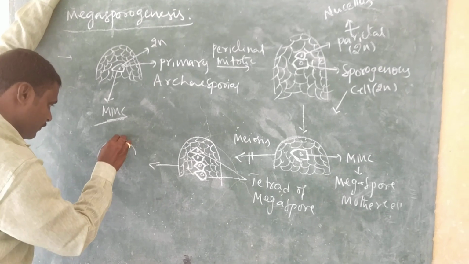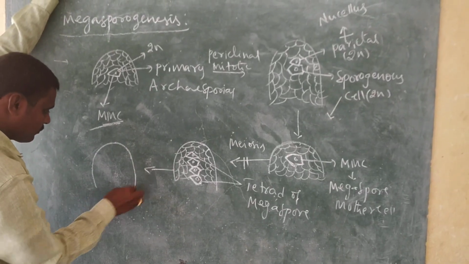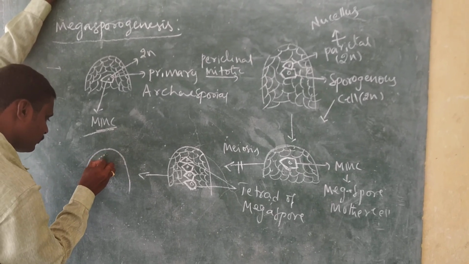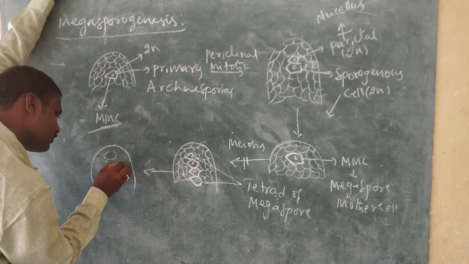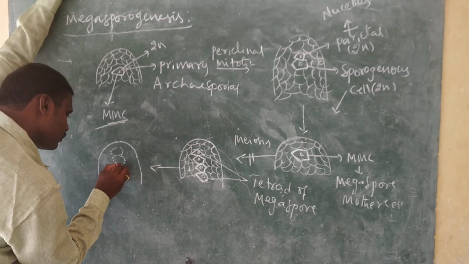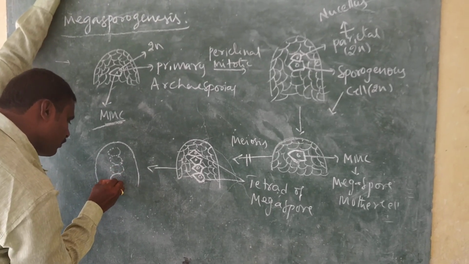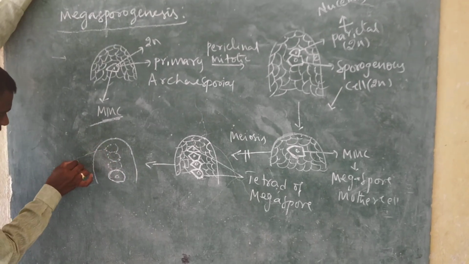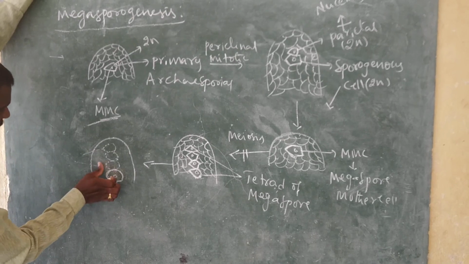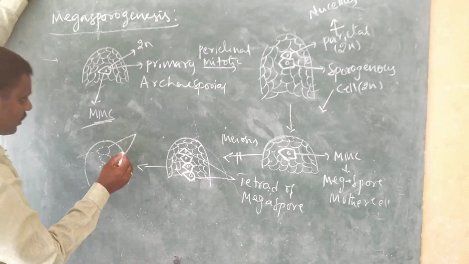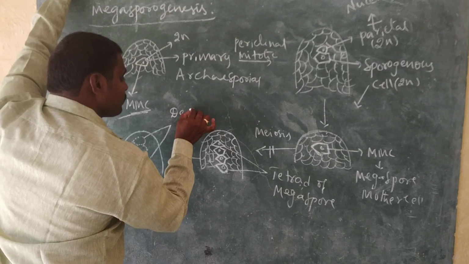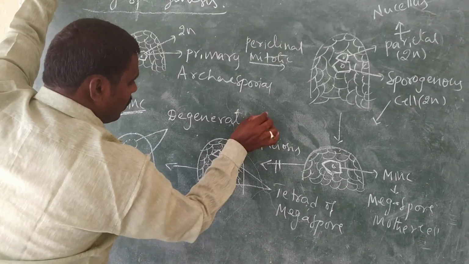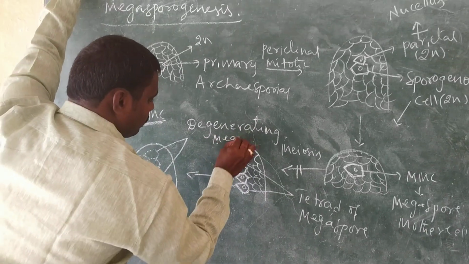These three are called degenerating megaspores.